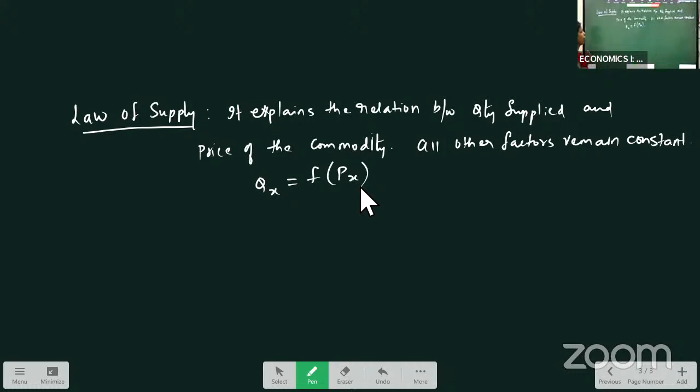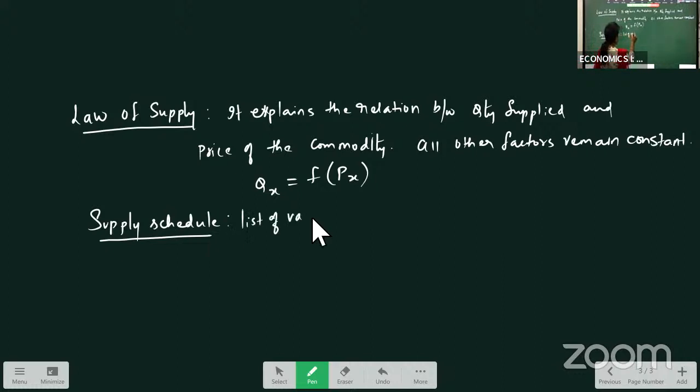Okay, now to explain this law of supply, we use a supply schedule. What do you mean by supply schedule? A list of various quantities supplied at different price levels. Remember this one for 2 marks.